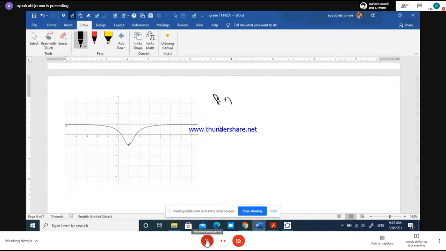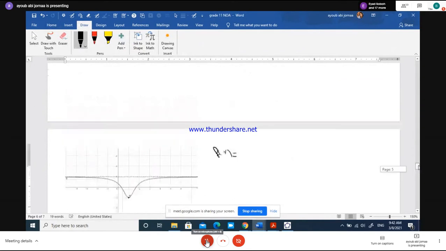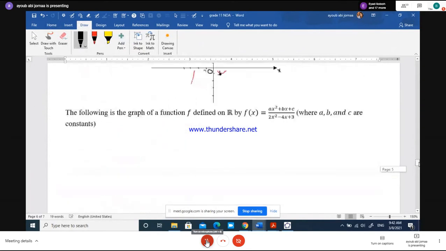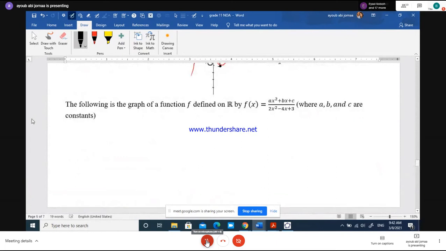Back to this. F of x is equal to, according to the given, another exercise. Okay, not written in the worksheet.